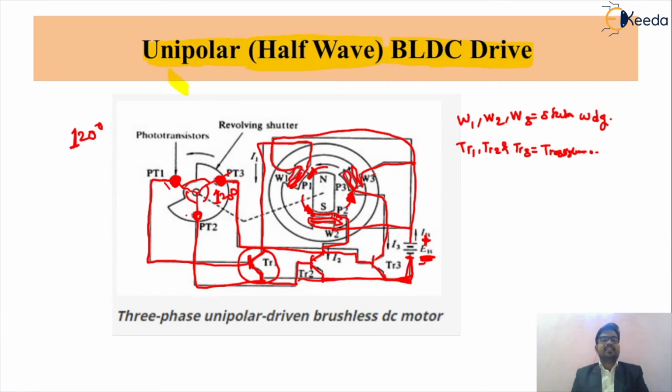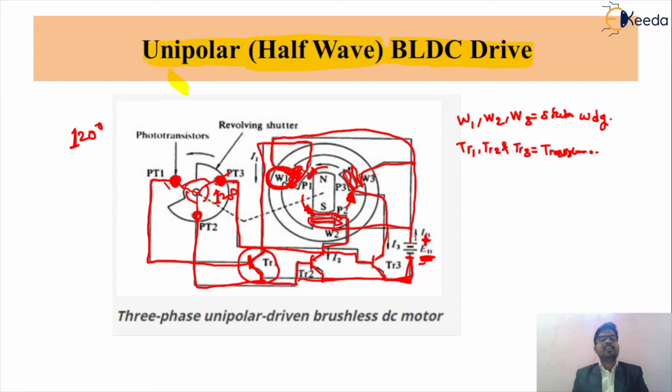So as we have seen, in the first case, when we are giving the supply to this winding W1, we know that this is a stator winding, and a stator winding is inductive in nature. So while we are giving the supply to the stator winding through the phototransistor and TR1, at that time this stator winding, being inductive in nature, stores energy.